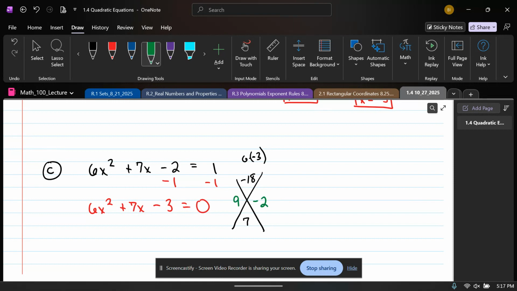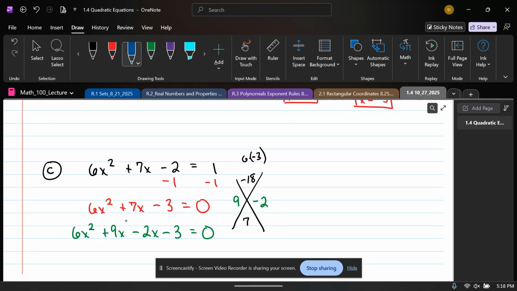Now, the difference in this one and the previous problem is the fact that there's a number in front of that x squared. So I can't go straight to my factors. My factors are not x plus 9 and x minus 2. I have to go in and I have to do this grouping step. So I'm going to rewrite the problem like this.